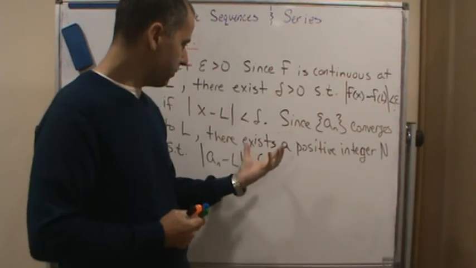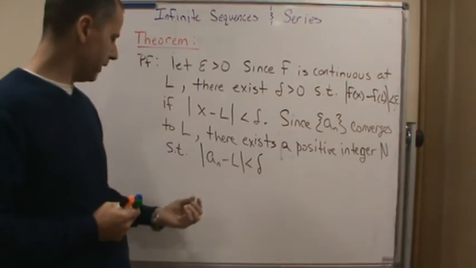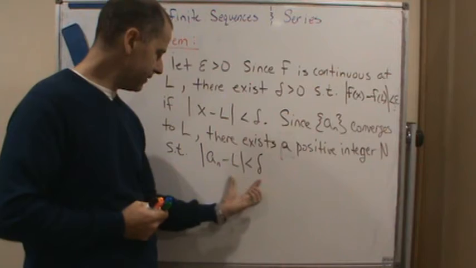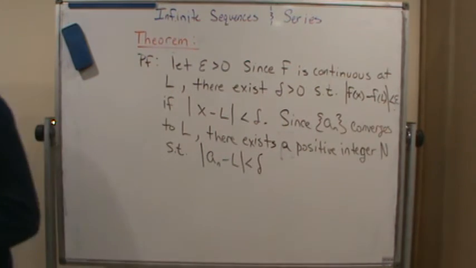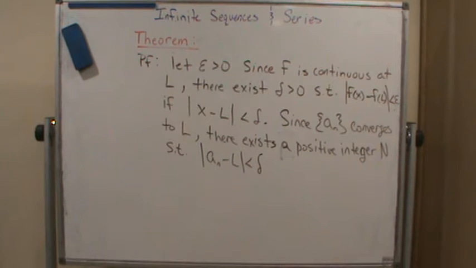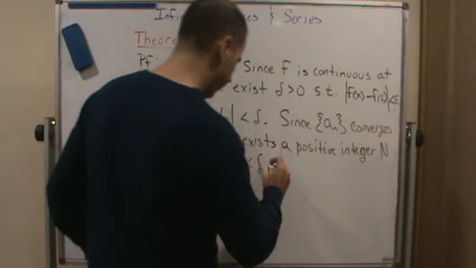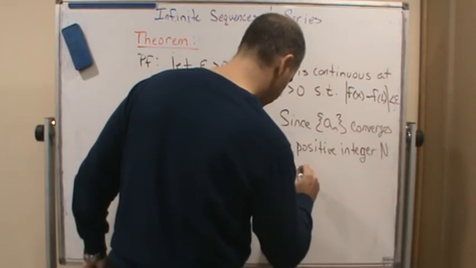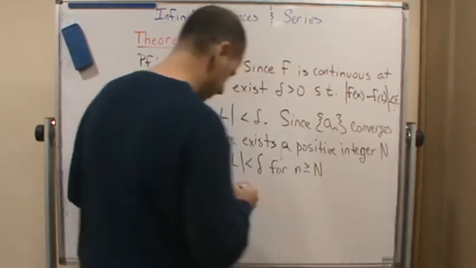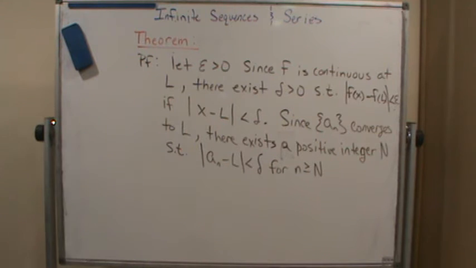Again, there must exist some integer N such that this is true. So that's a result, and that's for all n greater than or equal to N. Again, that's straight from the definition of convergence. So far we've used the definition of the limit of a function, a continuous function, and also the definition of a convergent sequence.